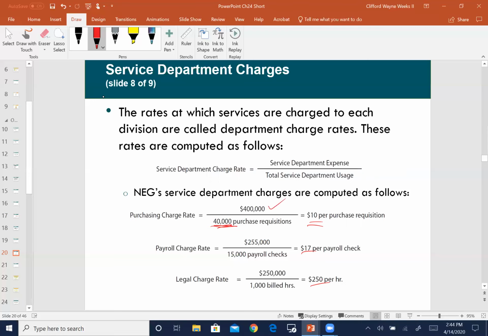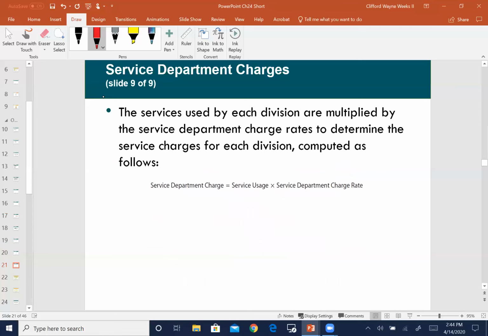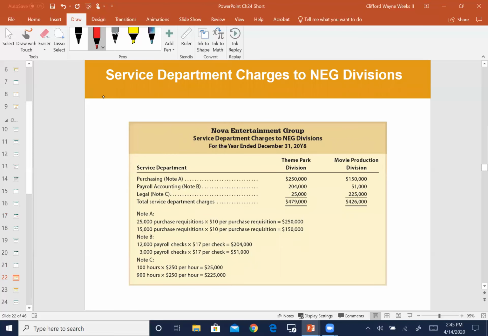Once we do that, all we do is multiply those service department charges against the actual services. That's what we did here. If you remember, this totaled the 40,000 purchase requisitions, the 15,000 employees, and so forth.